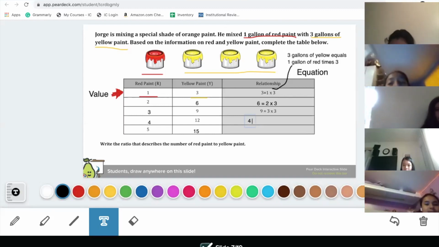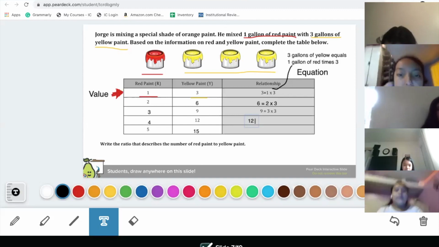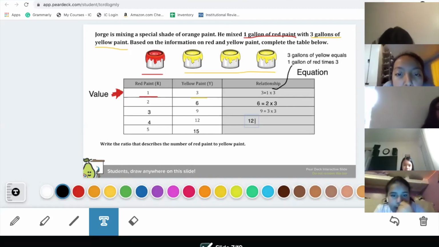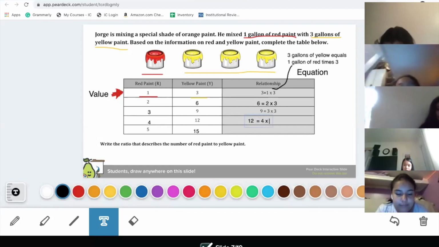Read the prompt again. Check it out. 12 gallons of yellow paint, 4 gallons of red paint. We have 12 gallons of yellow, but look at that word specifically. Where it says 3 gallons of yellow, blank, 1 gallon of red times 3. 12 gallons of yellow equals 4 gallons of red times 4, right? Or almost.